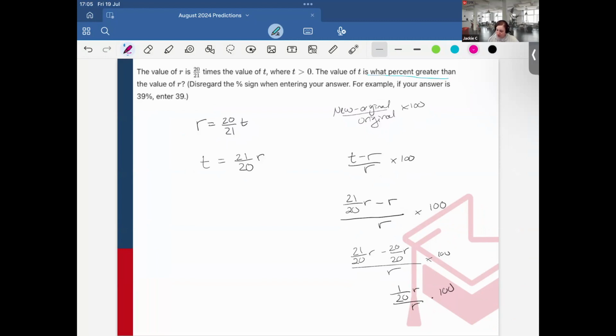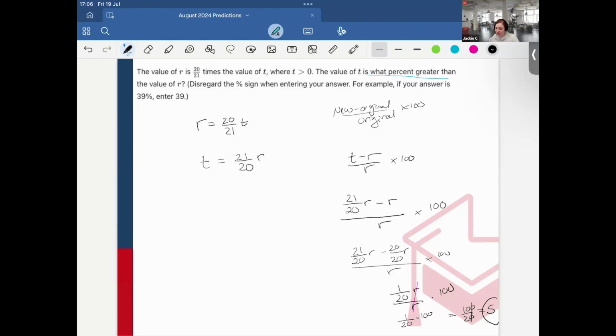So then here, I can cancel out the R's. And then it would just be 1 over 20 times 100. That becomes 100 over 20, which is 5. So it would be 5% greater than the value of R.